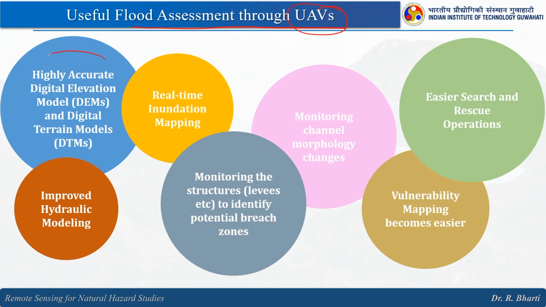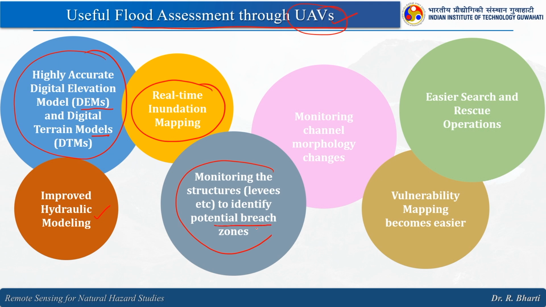It helps you to provide an accurate digital elevation model and DTM, digital terrain models. It improves hydraulic modeling, and real time inundation mapping can be captured. It helps in monitoring structures to identify potential breaching zones, monitoring channel morphology changes, and easier search and rescue operations, which is very important to save life and property.